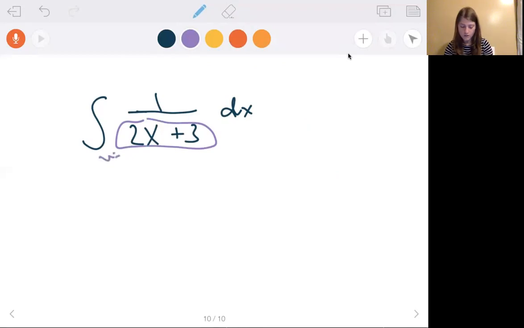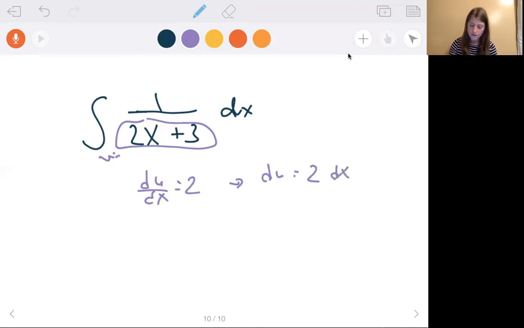So in this case, du dx is 2, so du equals 2 dx. And notice what we don't have if we start transforming this. Our fraction is going to turn into 1 over u, but I don't have the 2 to replace 2 dx with du. So what I could do is multiply it in. You can multiply to the front or at the back like this. I always do the front to just have it.